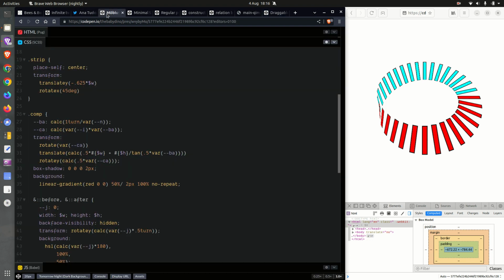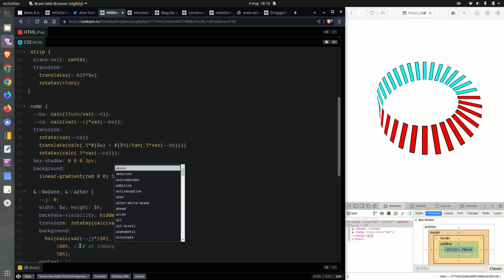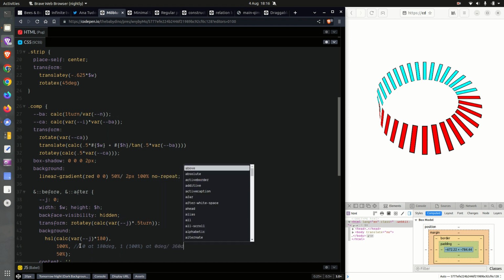Okay, so this saturation we want it to be 0 at 180 degrees, 1 or 100, whatever you want to represent that as, at 0 degrees, 360 degrees.